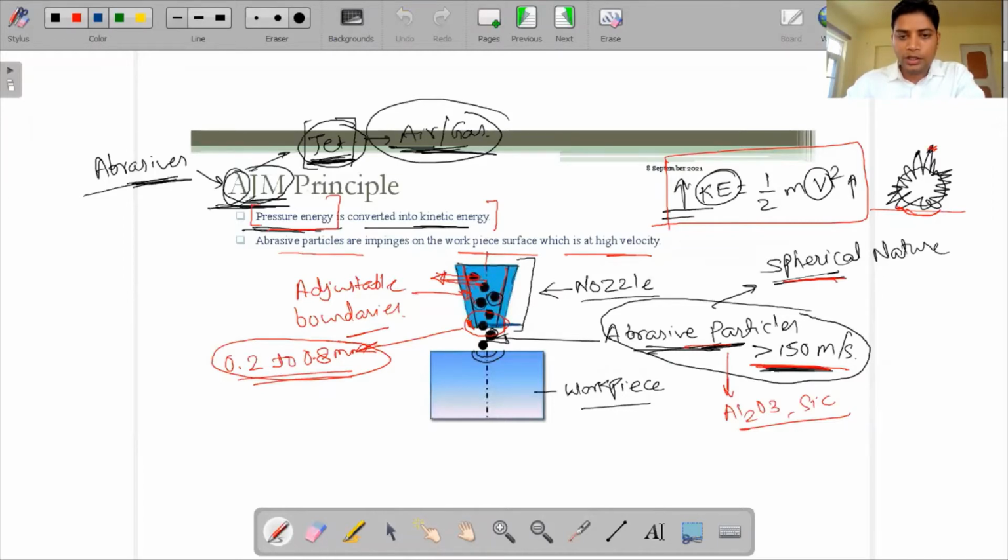Now here are some important parameters that I want to add. This is a nozzle, and this is the nozzle exit, and this is the workpiece, the top surface of the workpiece where the abrasive particles directly come and impinge, removing the material. This is the nozzle tip and this is the workpiece surface. This distance from here to here we call the standoff distance.